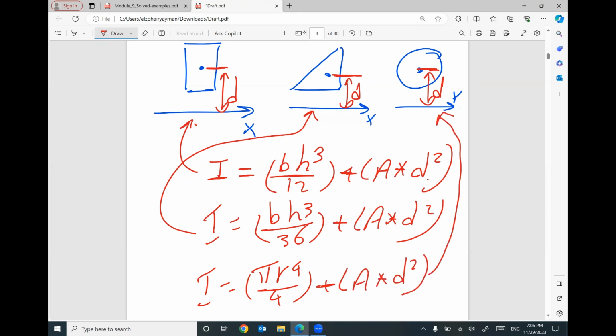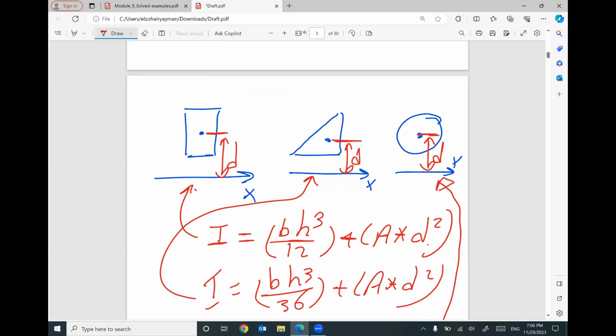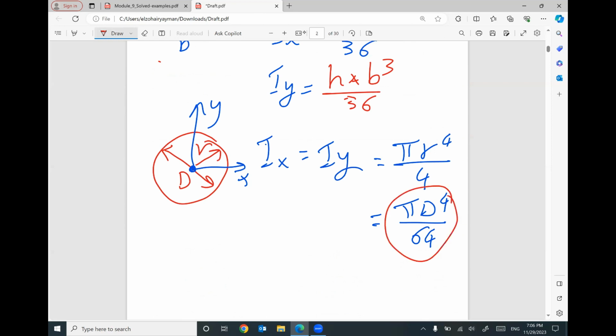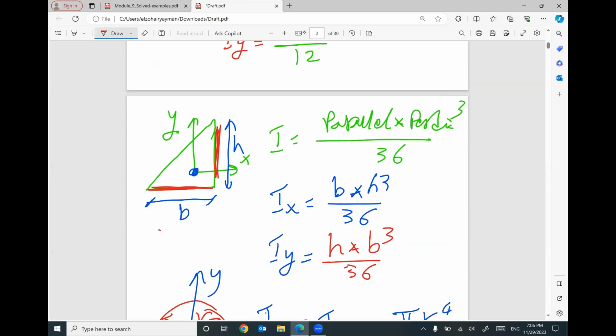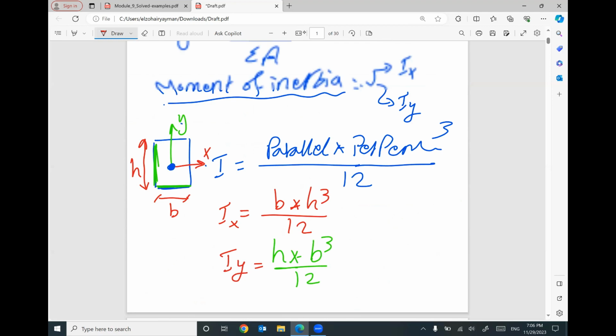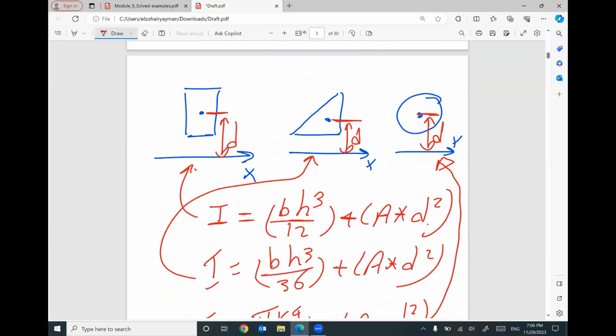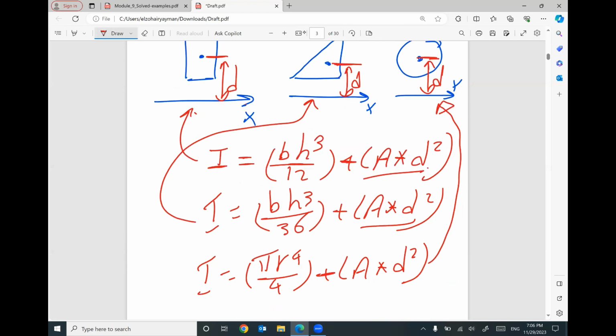This is for the case of the circle. I mean, if your x-axis or even y-axis is far away from the centroid, I have to add another term, which is area times distance squared.